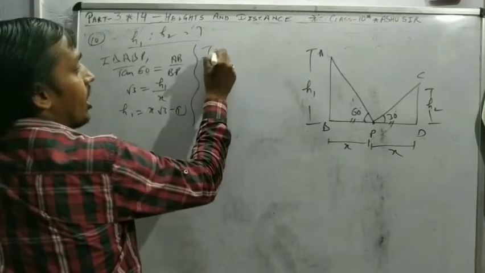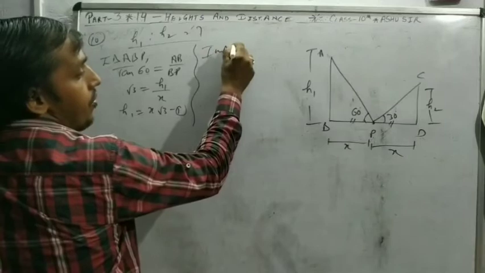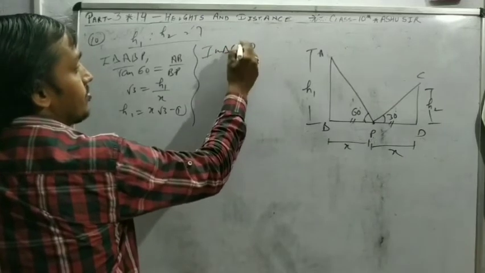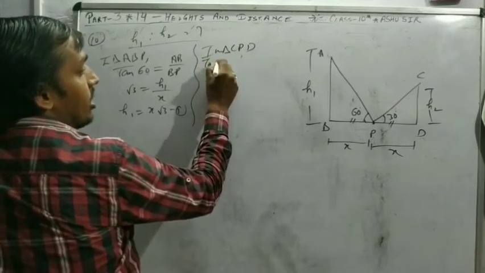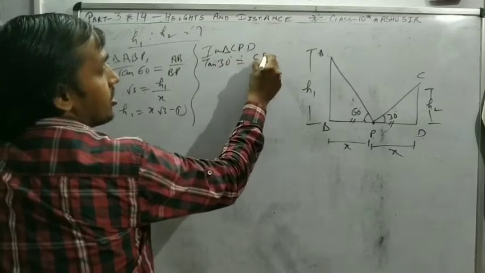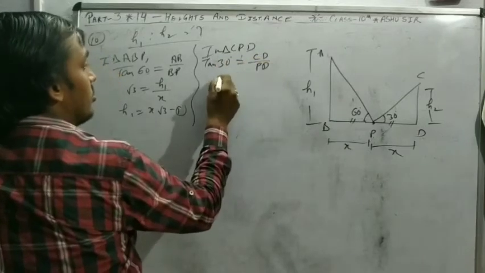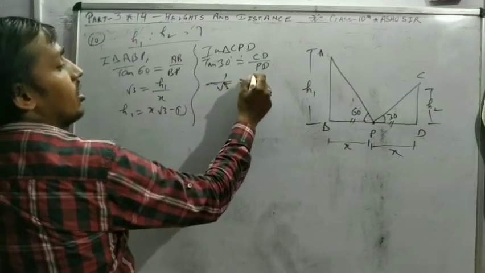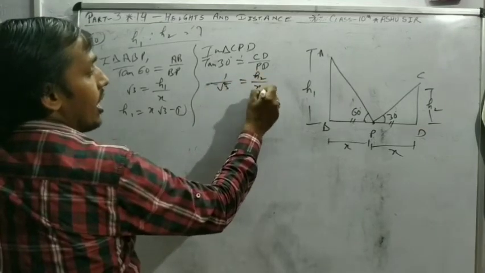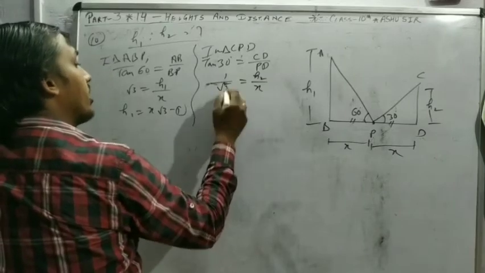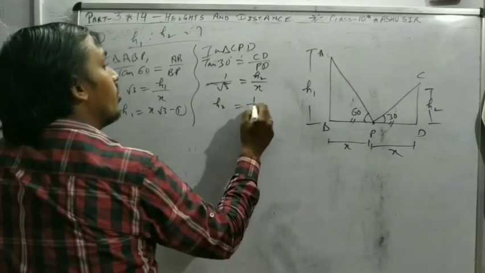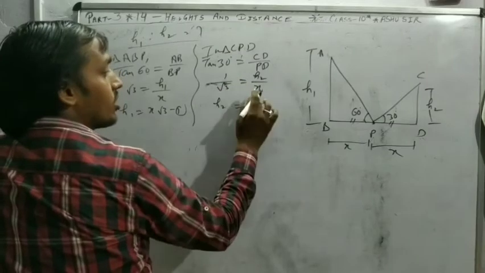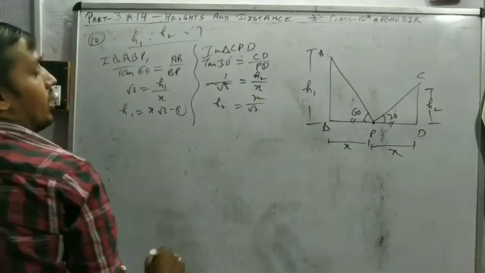Then take triangle CPD, tan 30 degrees is CD upon PD. The value of tan 30 is 1 by root 3, that is h2 upon x. So you get h2 equal to 1 by root 3 into x, that is x by root 3.